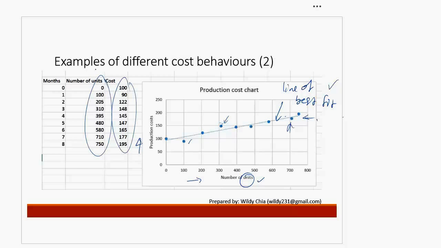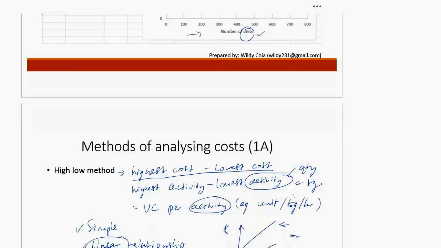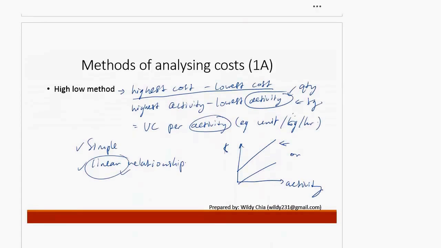Now, how do we analyze the cost per unit, or to what extent costs change for every additional increase in activity level? One method that we could use is the high-low method. In the high-low method, you take the highest cost minus the lowest cost, divided by the highest activity minus the lowest activity.